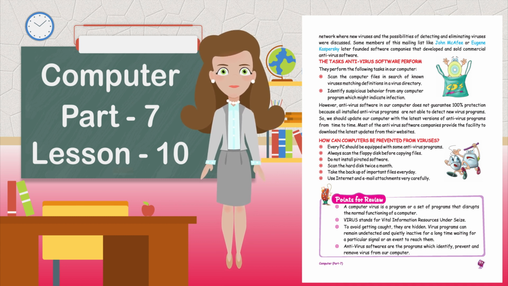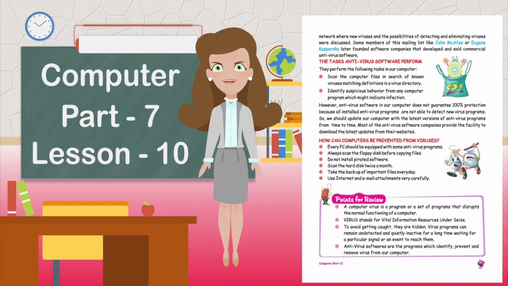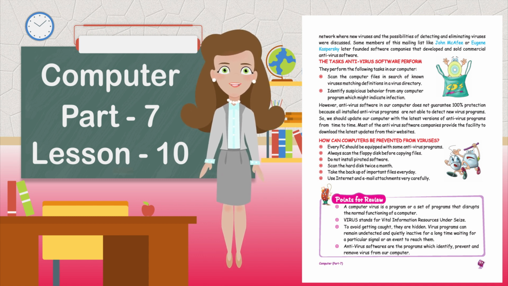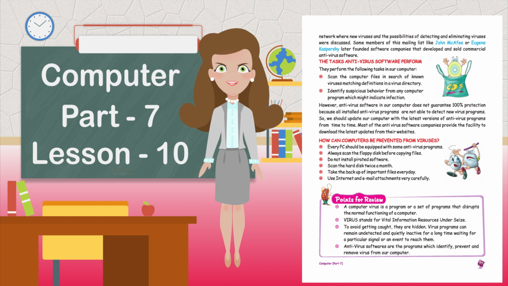Points for review. A computer virus is a program or set of programs that disrupts the normal functioning of a computer. Virus stands for Vital Information Resources Under Siege. To avoid getting caught, they are hidden.